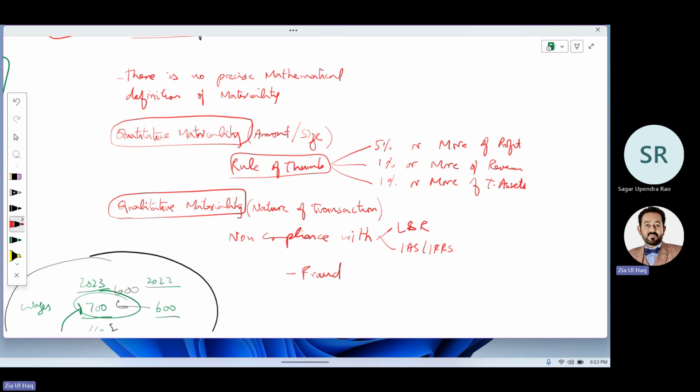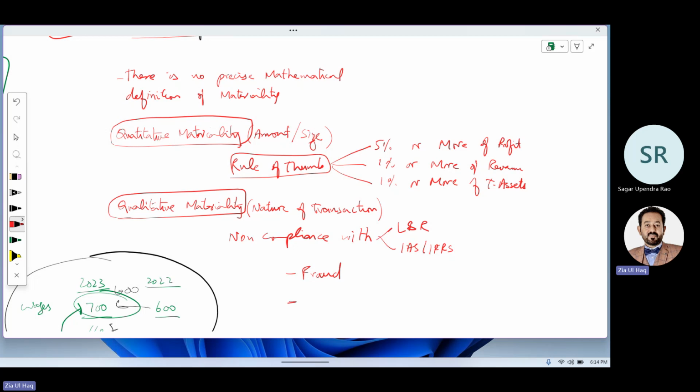It should be highlighted so that we can prevent these things in future. If we are not highlighting these things, they will keep occurring again and again. So this fraud should be corrected and disclosed in the financial statements. If it is not corrected or not disclosed, this is a material misstatement, not from a quantitative point of view but a qualitative point of view, because the nature of the transaction is wrong.